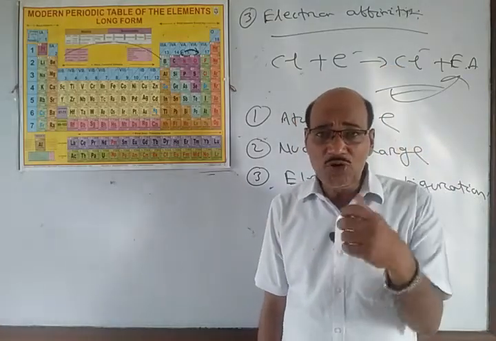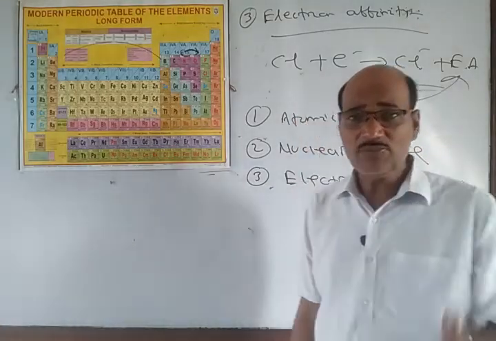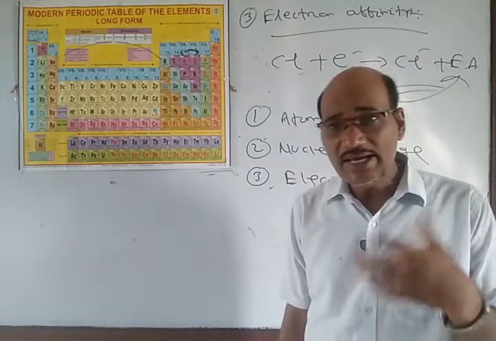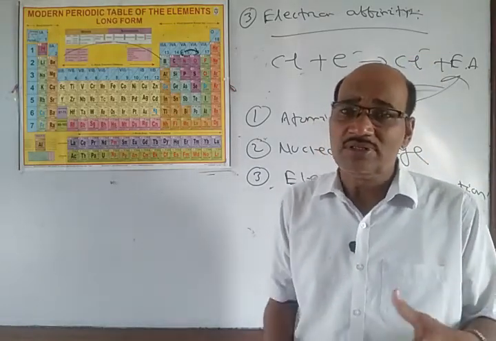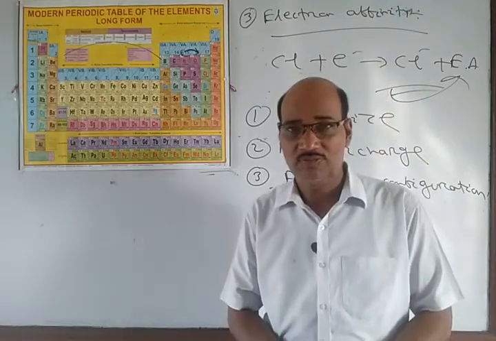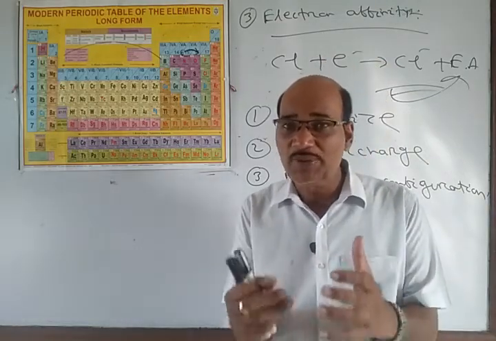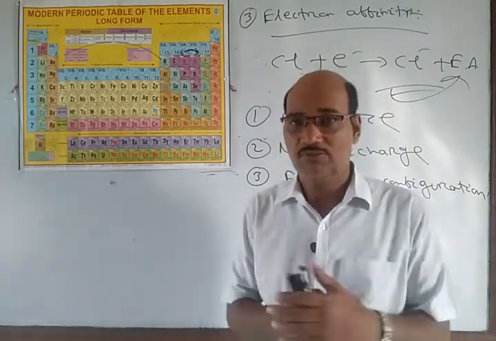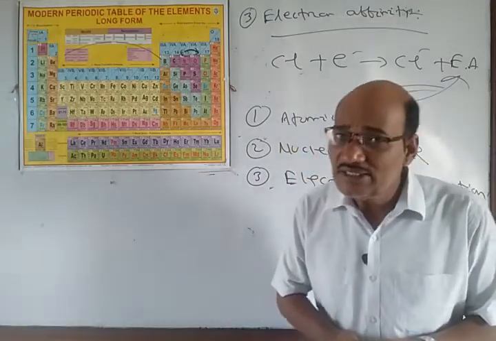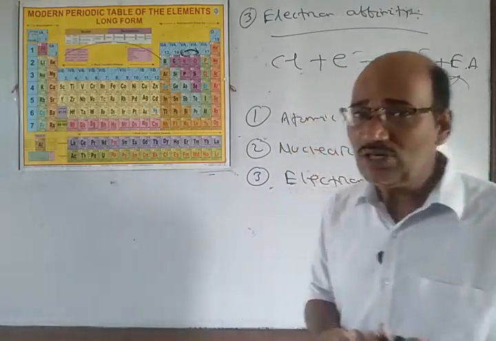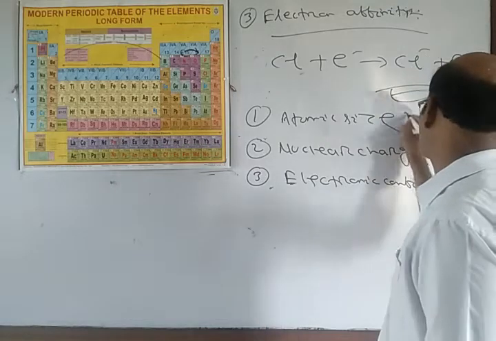If the electron cannot be accepted easily, then energy also will not be released much. That means the electron affinity will be less. So with the increase in atomic size, the electron affinity decreases.